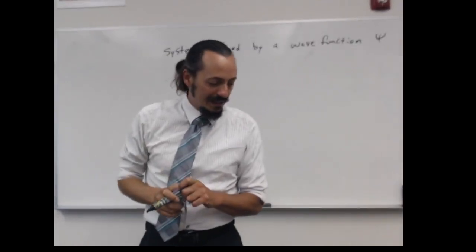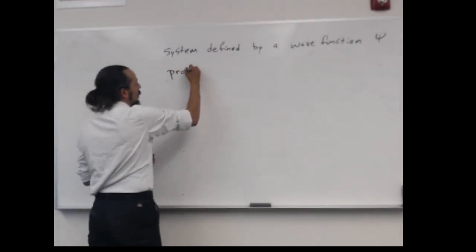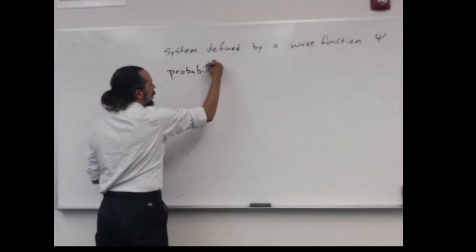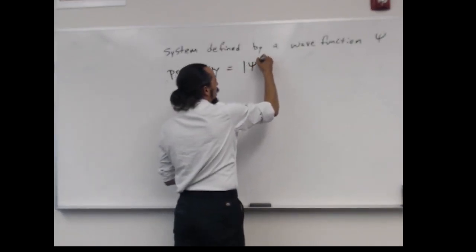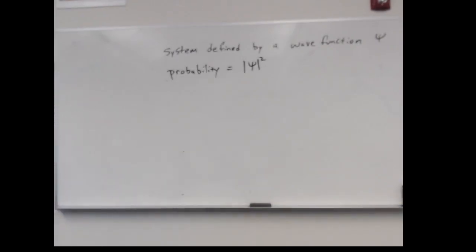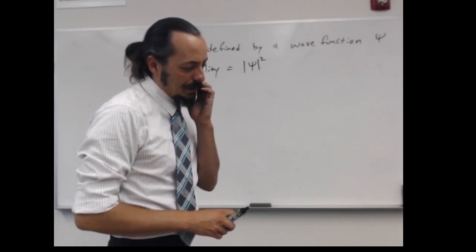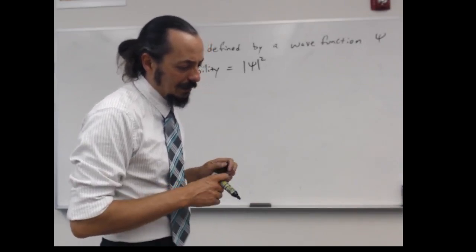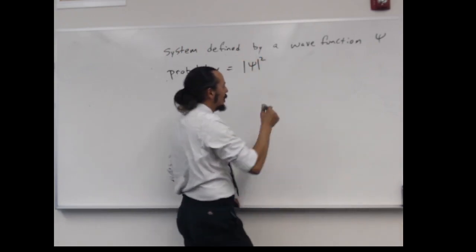Is the wave function psi. The probability is going to be the absolute value of psi squared. Now this is a little bit of a funny thing to write because most people say, well, isn't psi squared always the absolute value?